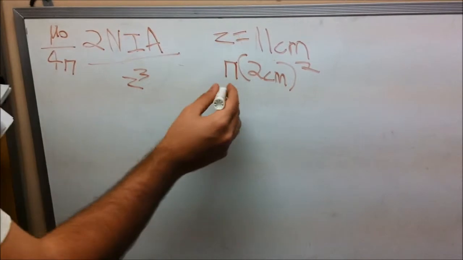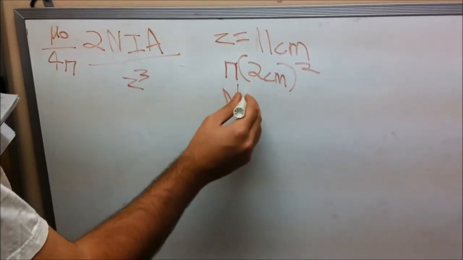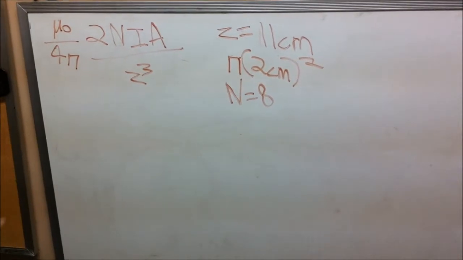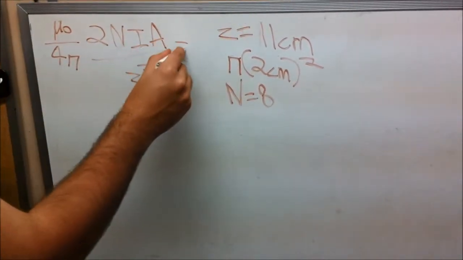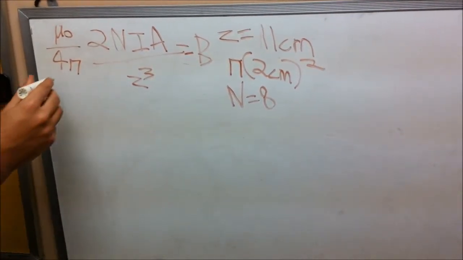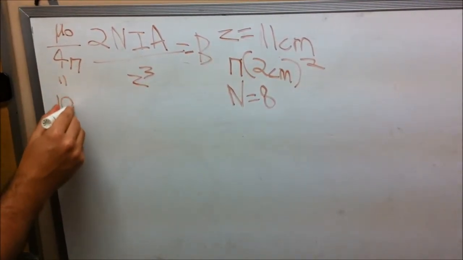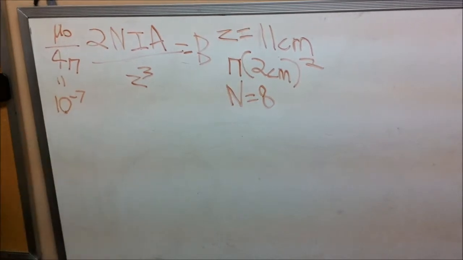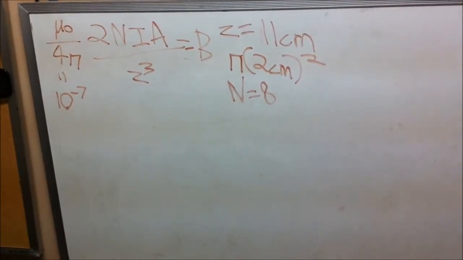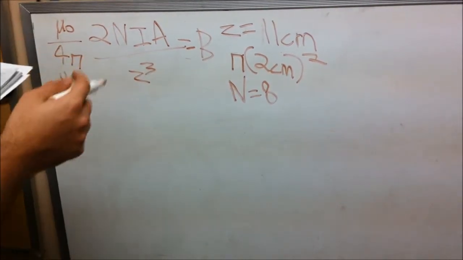So we knew that this had 8 coils, so n equals 8. Now we're solving for the current. This is all equal to B. Mu naught over 4 pi is of course the constant, 10 to the negative 7. Okay, and now we're solving for I.